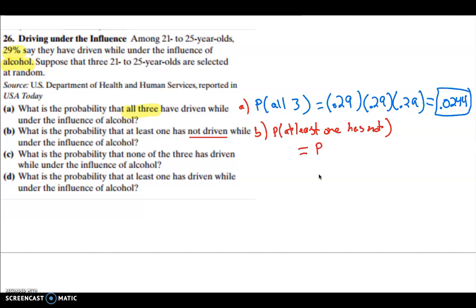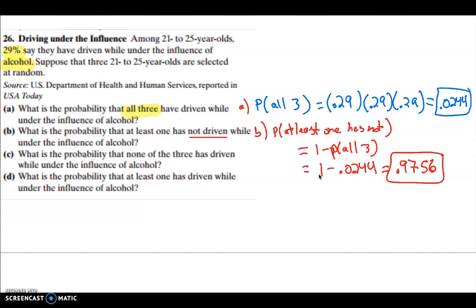This would be 1 minus the probability that all 3 had driven under the influence, again when we're looking at 3 individuals. Well, we know that probability, so it'll be 1 minus 0.0244, which is 0.9756. So there's a 0.9756 probability, or 97.56% chance, that at least 1 has not driven while under the influence.